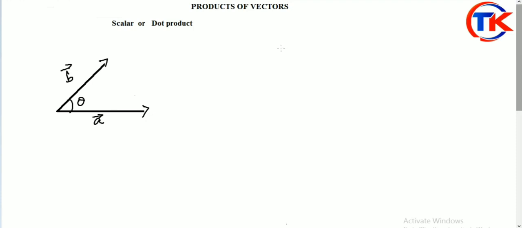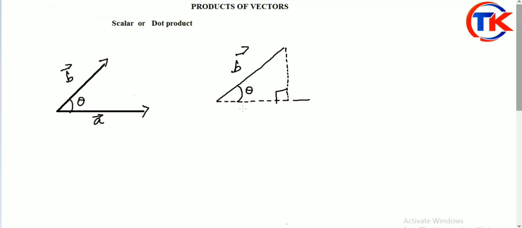Now I am going to resolve B into two components. So this is B vector, right? And this is my horizontal, that is my reference. It is theta. Okay, so I am going to assume the vertical. This is 90. Opposite of 90 degrees should be the hypotenuse, right?